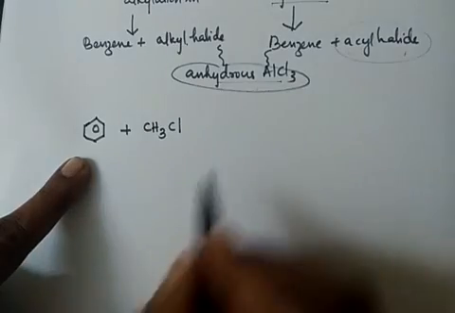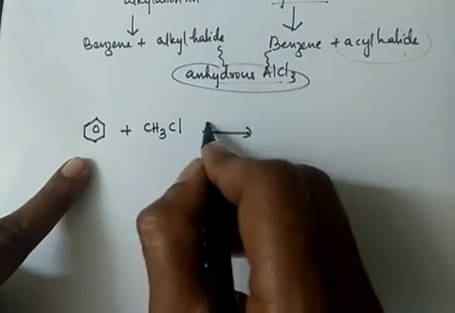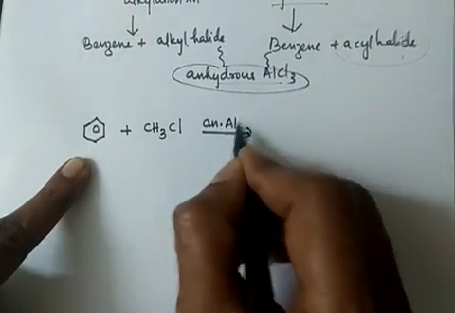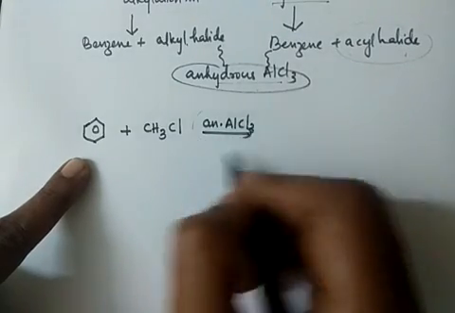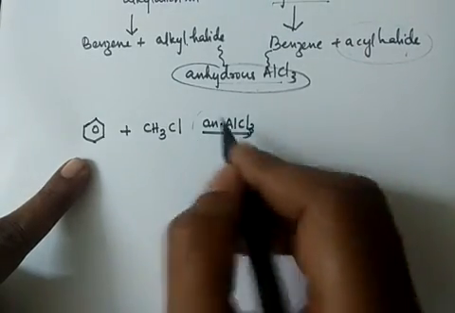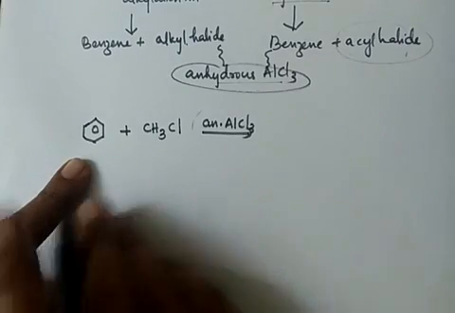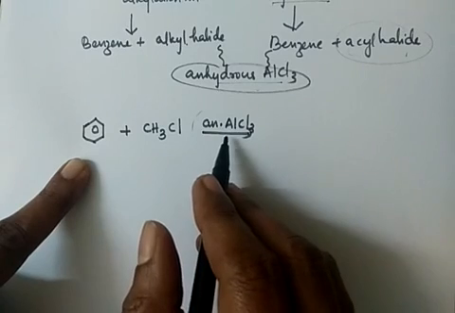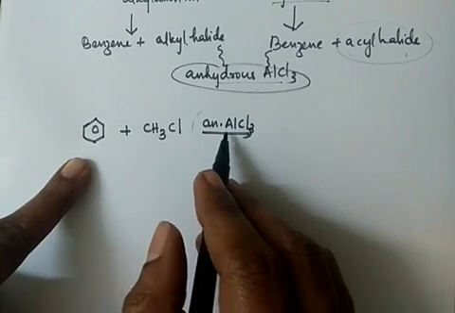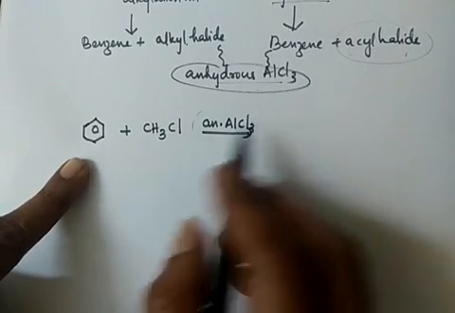Benzene reacts with methyl chloride in presence of anhydrous aluminium chloride. This is a very important reagent in the case of Friedel-Crafts reaction. The reaction will take place only in the presence of anhydrous aluminium chloride. If anhydrous aluminium chloride is not there, the reaction will not proceed.